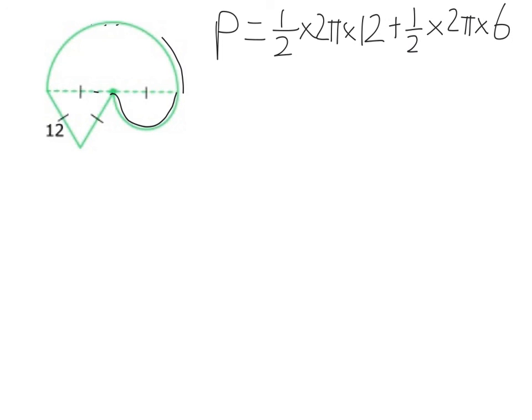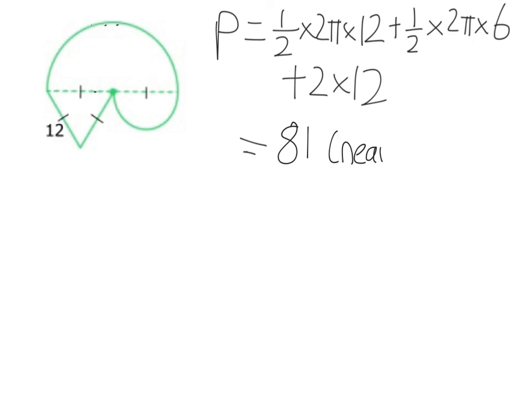I'll get rid of my markings just so you can see that in this triangle, I only count 2 of its sides, this one and this one, because the other one's not actually on the outside of the shape. So I'm going to add 2 lots of 12. I am just going to put that in my calculator, and I get the answer of 80.55 or 81. I'm just going to round it to the nearest whole number, okay?